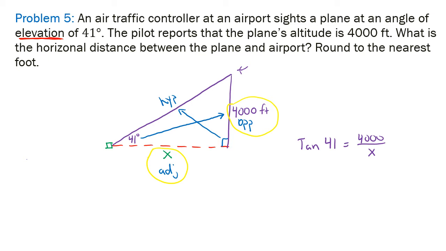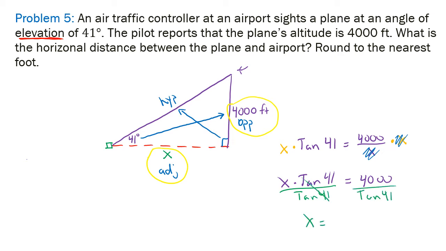I'm going to multiply both sides by the denominator. And so the x's are going to cancel out, leaving 4,000 here, x times tan 41. And then we're going to divide both sides by tan of 41. So x equals 4,000 over tan 41.